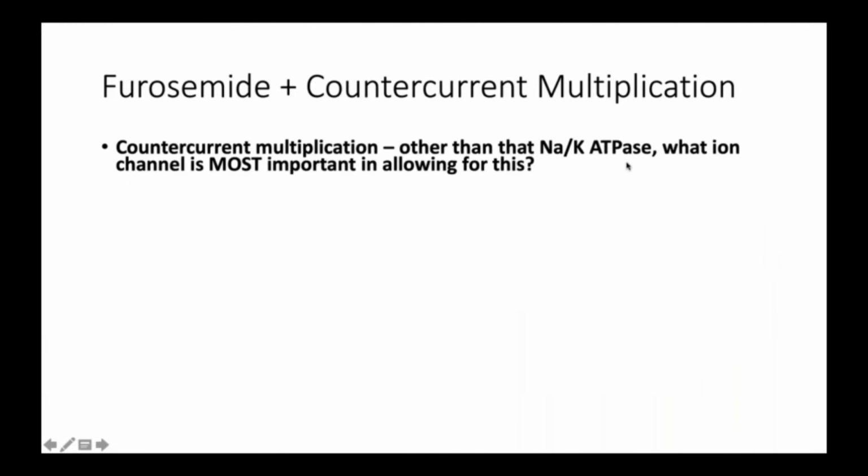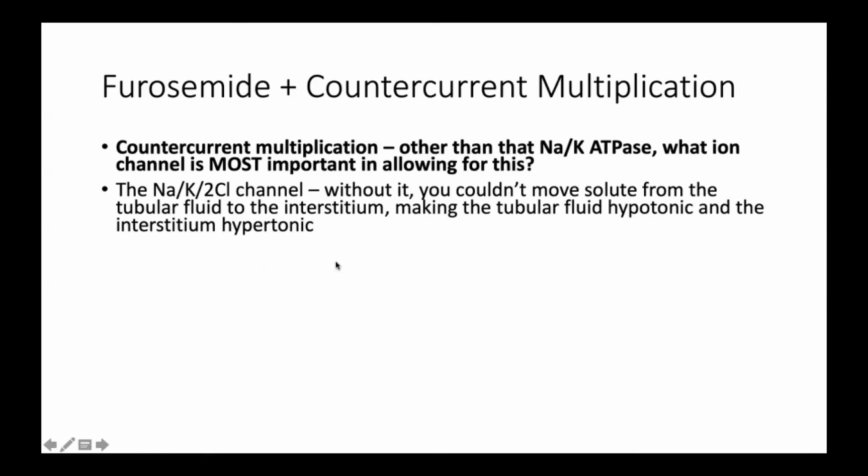So now let's talk about some clinical applications. Shama, other than the sodium potassium ATPase, what ion channel is most important for allowing countercurrent multiplication to occur? I would say the sodium potassium 2 chloride channel. Exactly. Without it, you couldn't move solute without water.